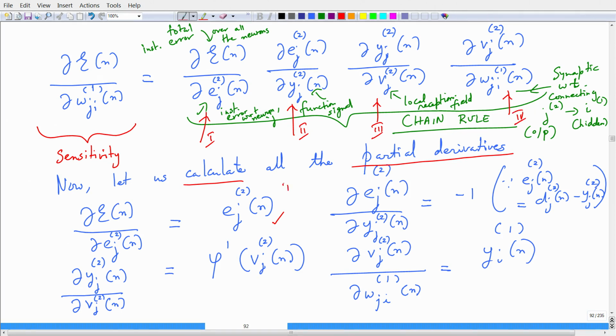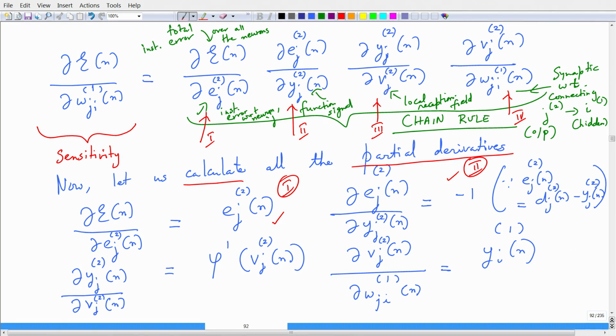The first term is straightforward, the second is pretty easy because the instantaneous error at the jth neuron is basically desired minus Yj, that is the convention we followed, and when we take the derivative, we get a minus 1 here. This is term 2, and then we take the functional signal and take the partial derivative with respect to the local reception field.